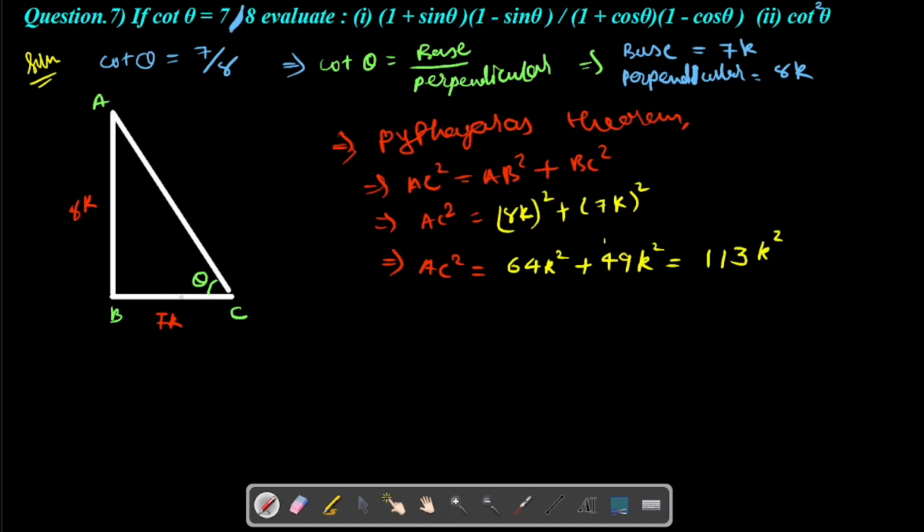That's strange, right? Okay, no problem. So here we are left with this 113 figure. We have to find AC, but this 113 is not a perfect square, so we cannot find the square root of this.